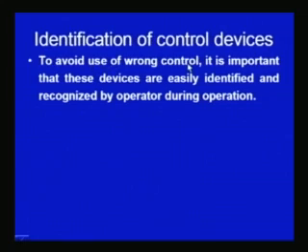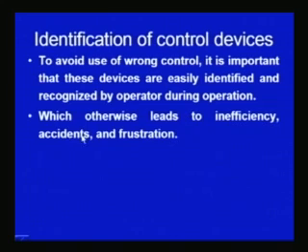For efficient use of control devices, it is necessary that they are identified by the worker easily, so that the required function can be performed. To avoid the use of wrong controls, these devices must be easily identified and recognized by the operator during operation. Otherwise, if the operator is not able to recognize them easily, it can lead to inefficiency, accidents, and continued wrong use may lead to frustration.